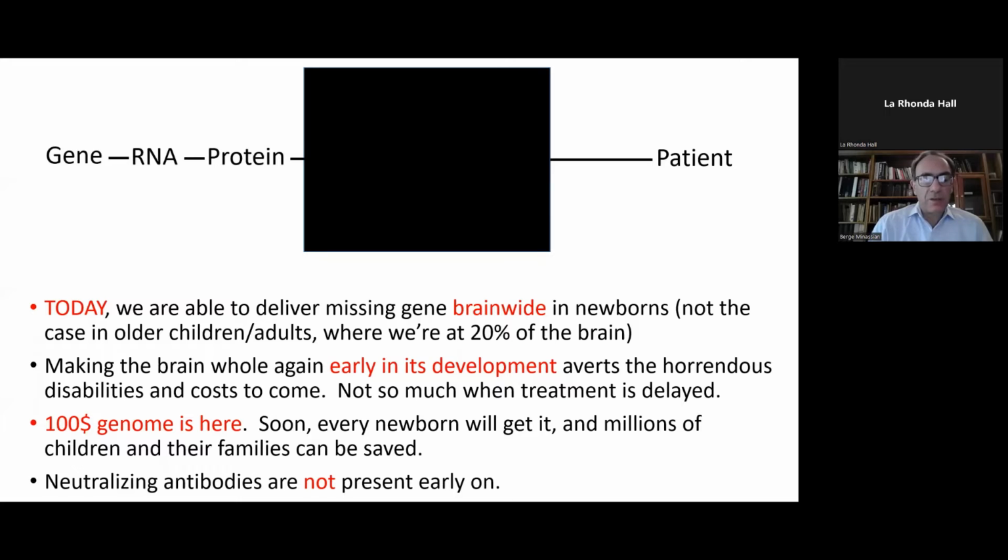That's already affordable, but it's heading towards $100 soon. This means that any child who is born, we can do a whole genome sequencing and identify in case they have a missing gene that will cause grave damage to their development, and try to replace that gene as soon as possible and allow the brain to develop normally.